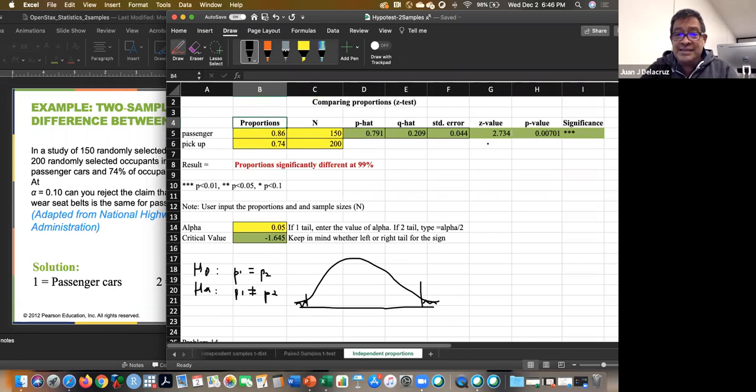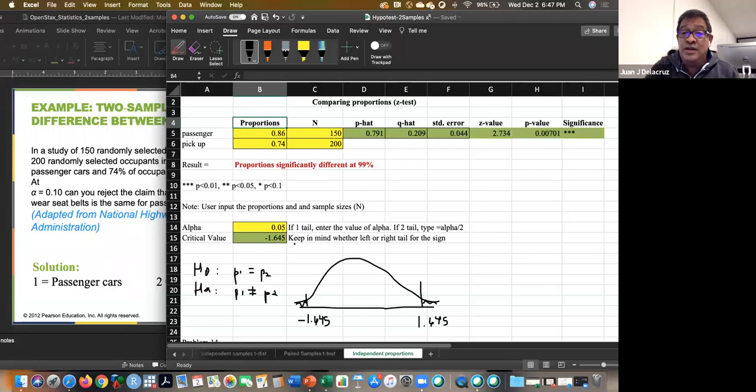In this case, my alpha, which is the 5%, helps me find the critical values. So my critical values are going to be minus 1.645 and plus 1.645. Remember, we have a 10% level of significance.